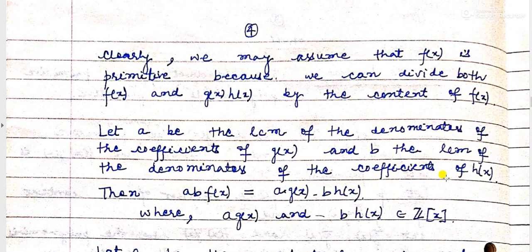And let a be the LCM of the denominators of the coefficients of g(x). We are getting on the right hand side two polynomials, g(x) and h(x). So g(x) belongs to Q[x], so its coefficients are rational numbers. So we are taking the denominators of the coefficients of g(x), and we are taking the LCM of those denominators.